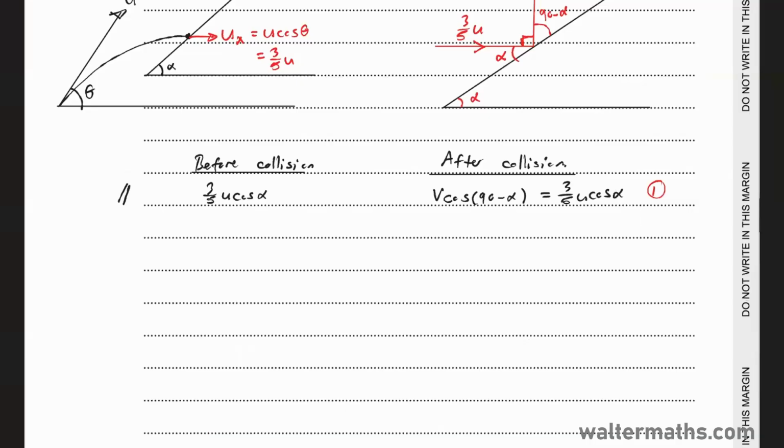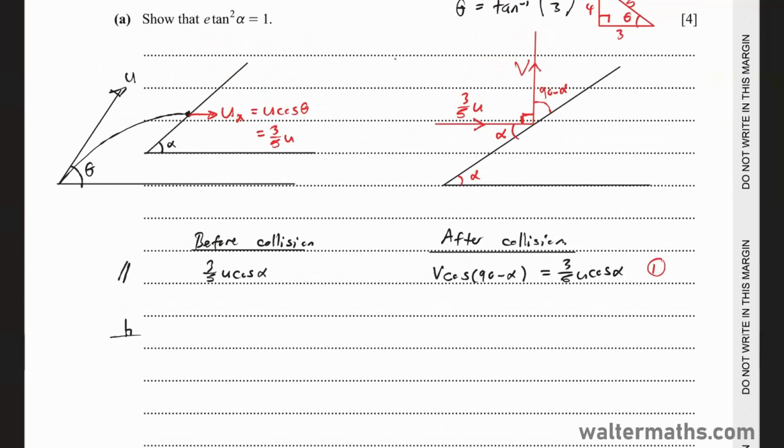And then for the components perpendicular to the plane of collision, for the 3/5 u speed, the perpendicular component is 3/5 u sine alpha. After collision, it will be v sine of 90 minus alpha.